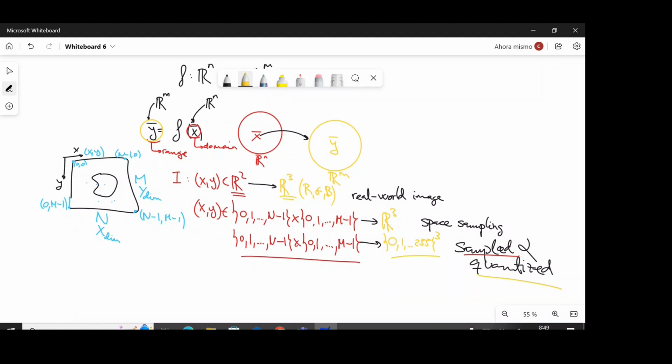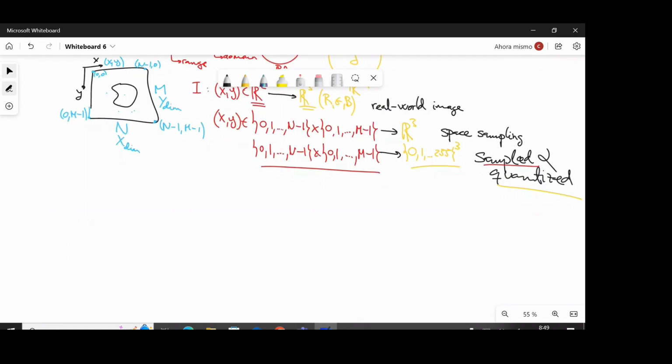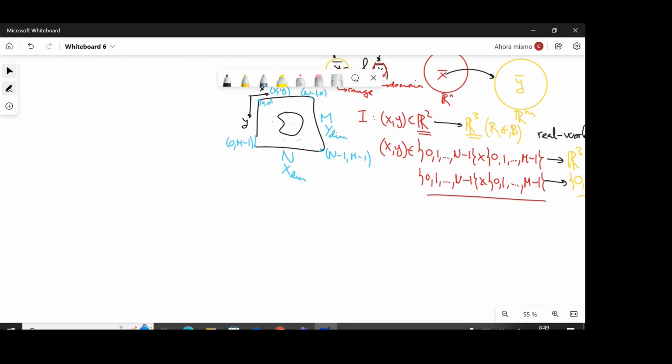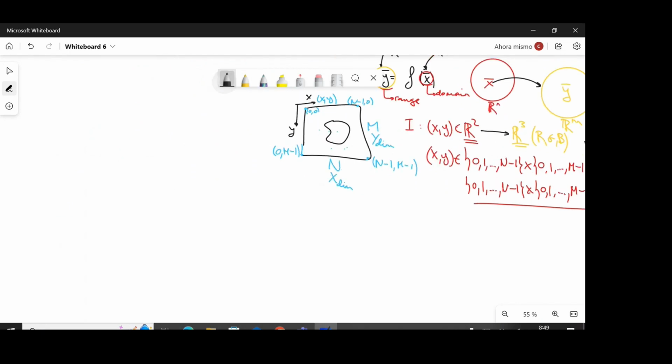But then it is a function. What else? Yeah. What is the difference between this kind of parentheses here? This is the difference between using 0, 1, 255 and 0, 255 and 0, 255. Okay, this you already know.